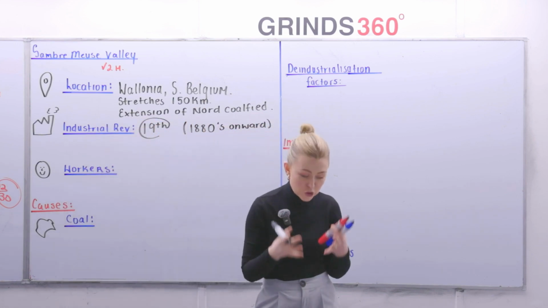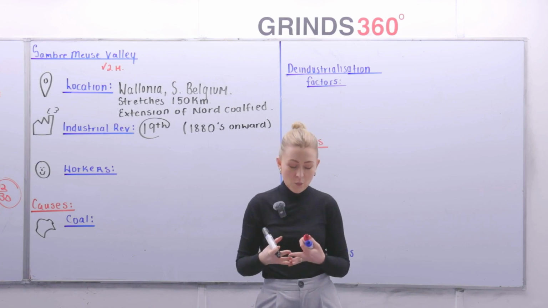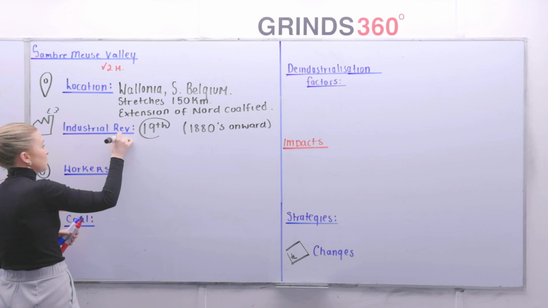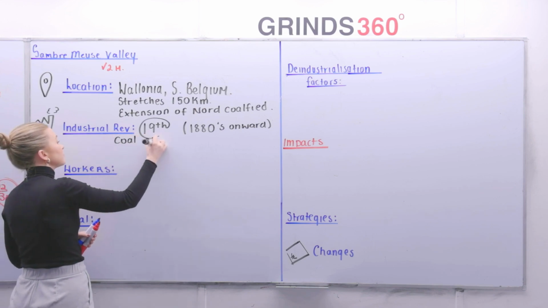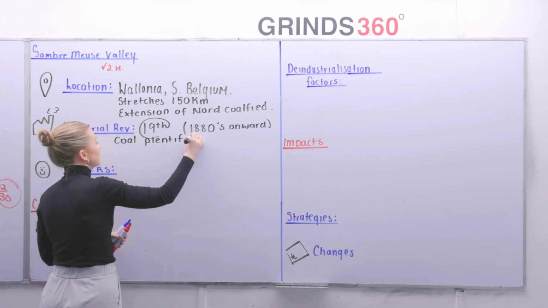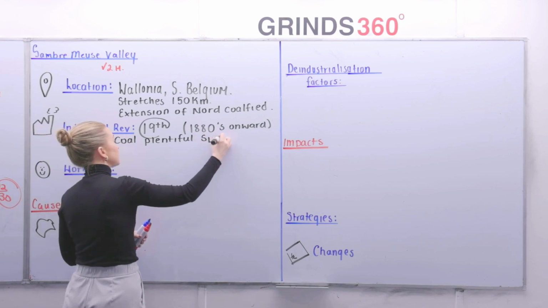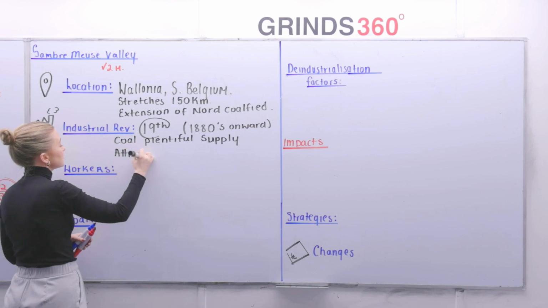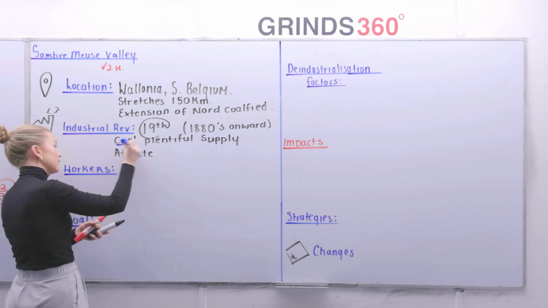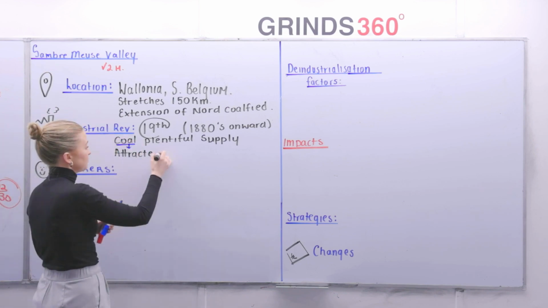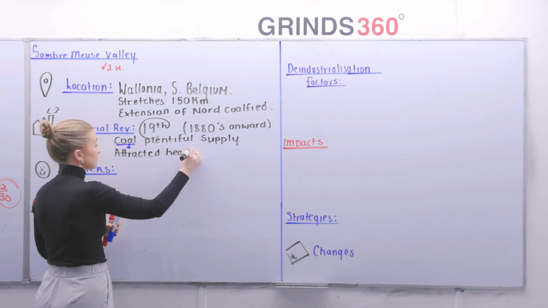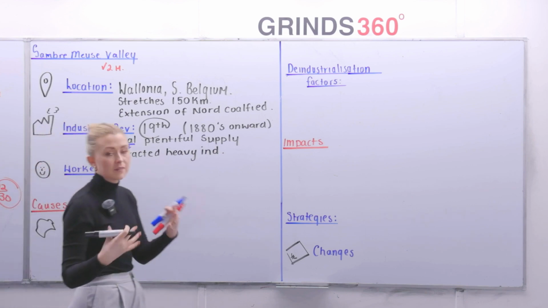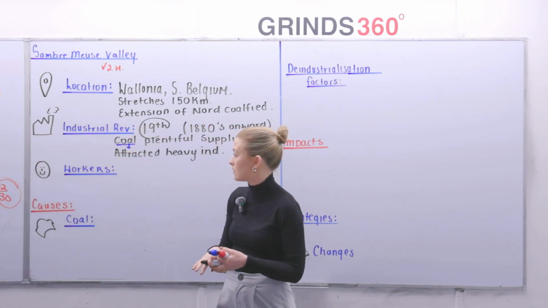Now, what happened during this period of time? Well, what was in the region? Coal. Coal in the region was in plentiful supply. And this coal here attracted heavy industries, like steel companies, iron, chemical, and so on and so forth.